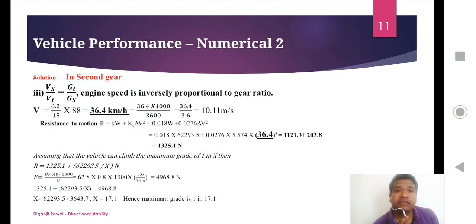So we calculate V is equal to 6.2, the gear ratio in top, divided by 15, the gear ratio in second gear, into speed in top gear, which is 88. So that is equal to 36.4 kilometer per hour. So we will convert this into meter per second. So we multiply it by 1000 and divide by 3600.